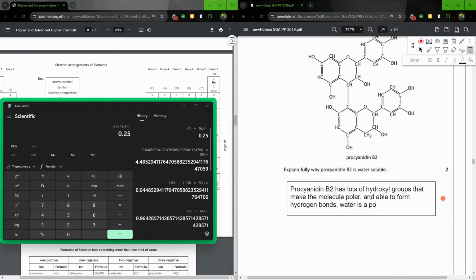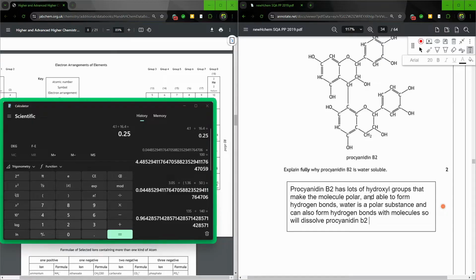Water is a polar substance and can also form hydrogen bonds with the molecules, so will dissolve procyanidin B2 easily. Yeah, I think that's all you need to write in there.